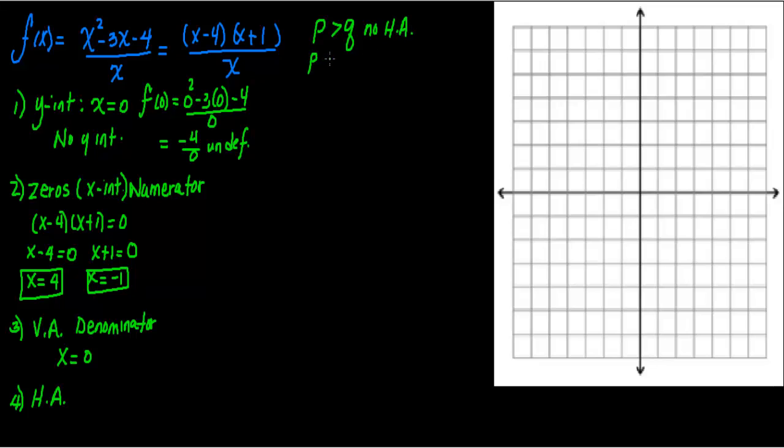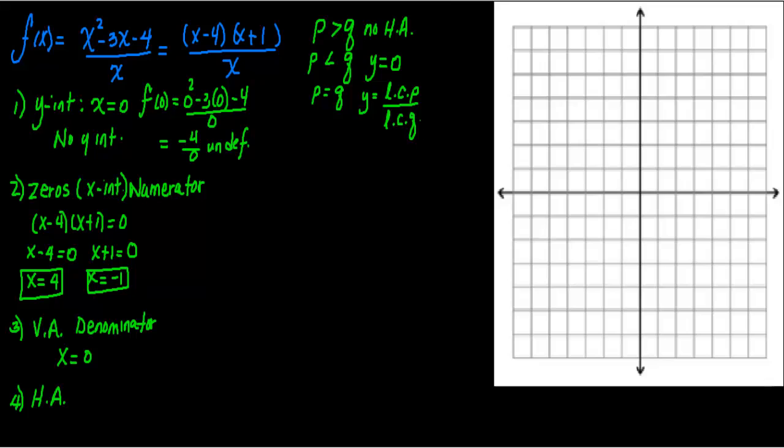If the degree in the numerator is less than the degree in the denominator, then the horizontal asymptote is y equal to 0. And if the degrees in the numerator and denominator are equal, that means the horizontal asymptote is going to equal the leading coefficient of the numerator divided by the leading coefficient of the denominator. And later we'll see an example to explain this.